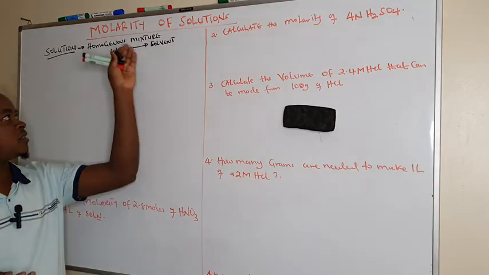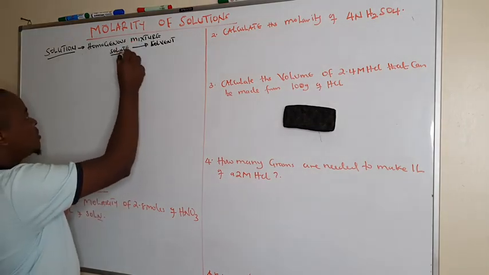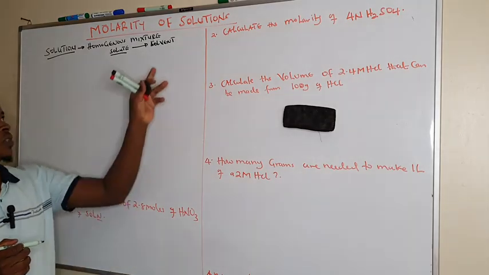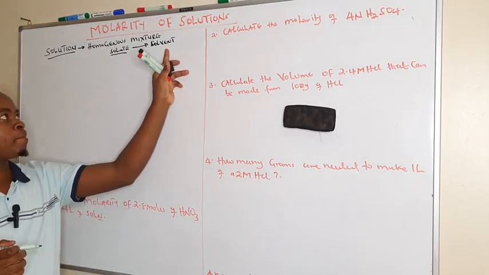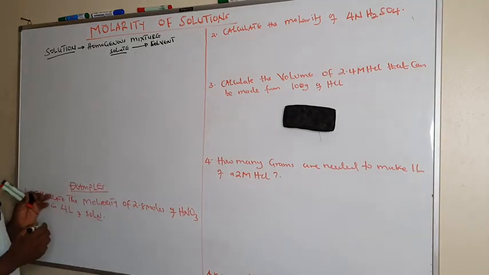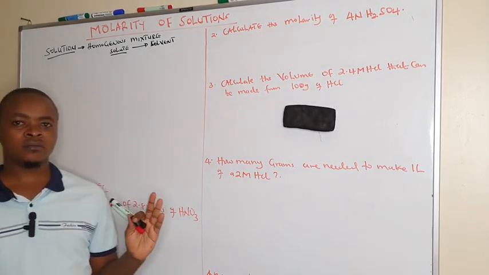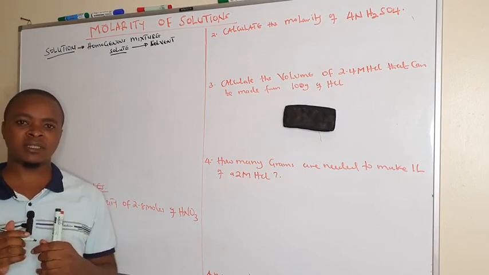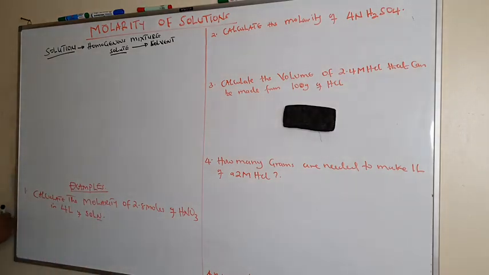So the substances which are found in a solution are known as solutes, or we can call them analytes, which are always dissolved in a solvent. So anything that is uniformly mixed, a mixture of one or two substances uniformly mixed in a solvent, is what we call a solution.